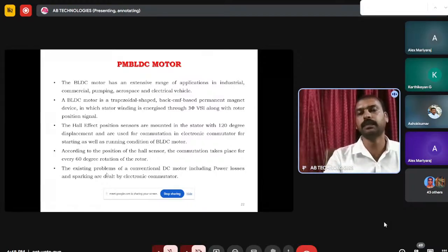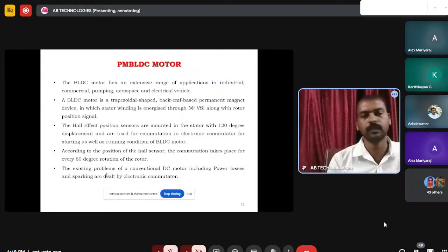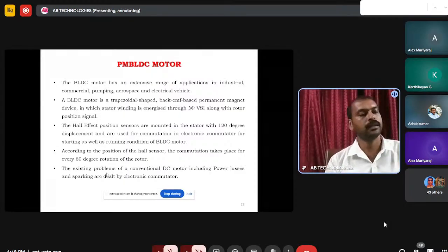The frequency is 50 Hz, so 120 F into P. This frequency is divided, that means cut, with the help of the rotor poles. That's why 120 F divided by P. So the actual formula is 360 degrees divided by number of phases, into F divided by P. This is the formula for synchronous speed.